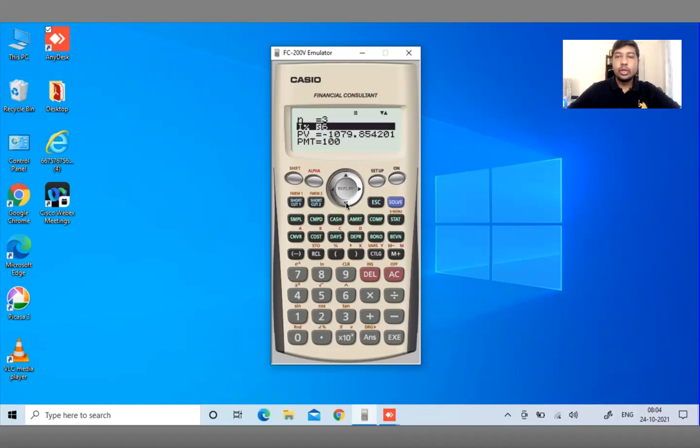EXE is going to be used only when you type the number. So let me show you this again. Let's say you have got 100 over here. You want to put 500. So just type 500. You will see that the black background is missing. That means you have entered the number. Then you can press EXE. And now you will see that the number is entered. Okay. So this is how you can enter the number.